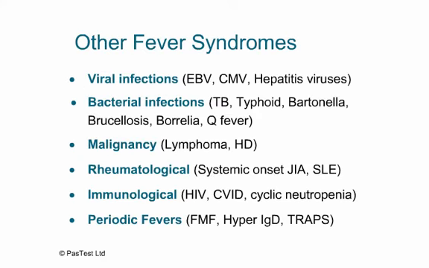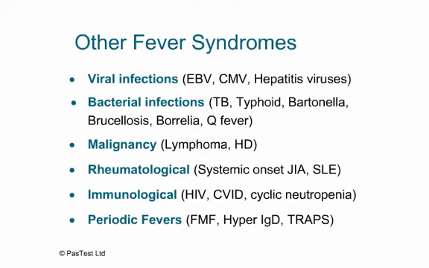The investigation and the diagnosis of a pyrexia of unknown origin, once basic investigations have been performed, is complicated and involved, and is usually the preserve of a paediatric infectious diseases subspecialist.